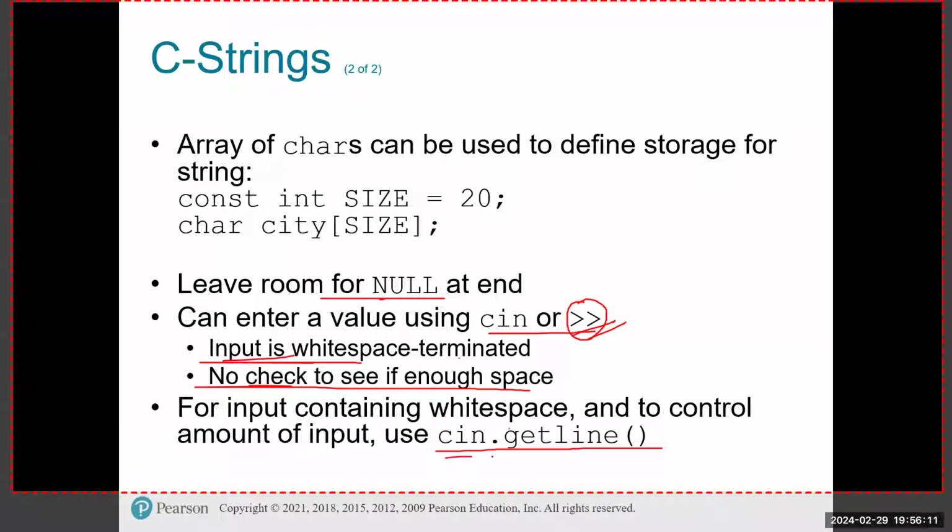If you use getline, it will capture all the input from the console into your program. So it is a rule to use cin.getline instead of this symbol for inputting a stream of characters or a string.